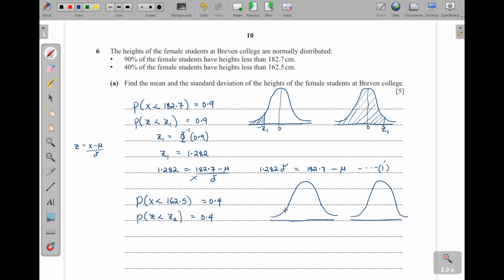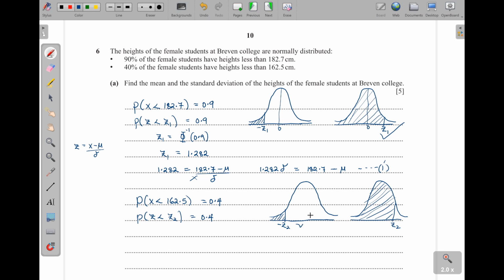Now, we can put the z2 here, which is a negative, or it can be this side, it's a positive. So we are looking at less than. So less than is this one here and also this one here. Then you ask yourself, which of these two regions corresponds to this 0.4?